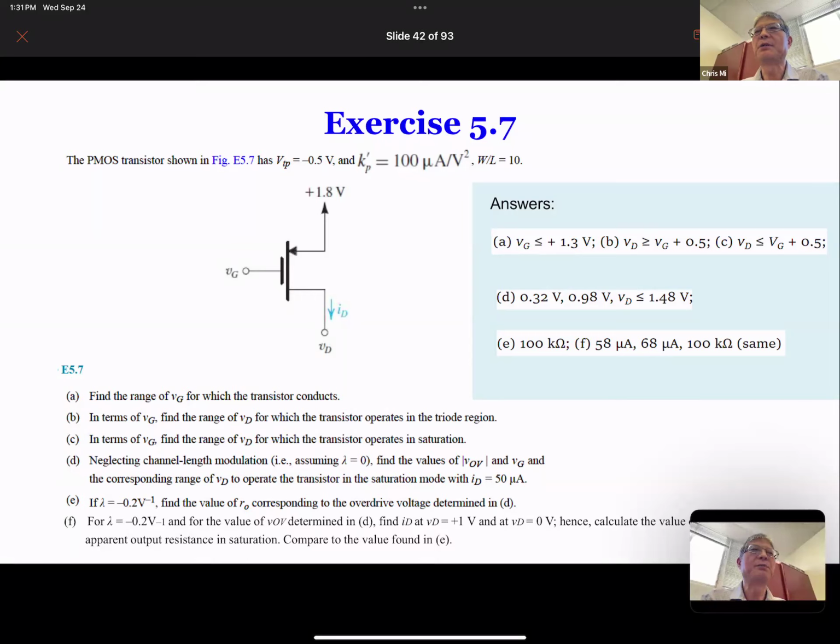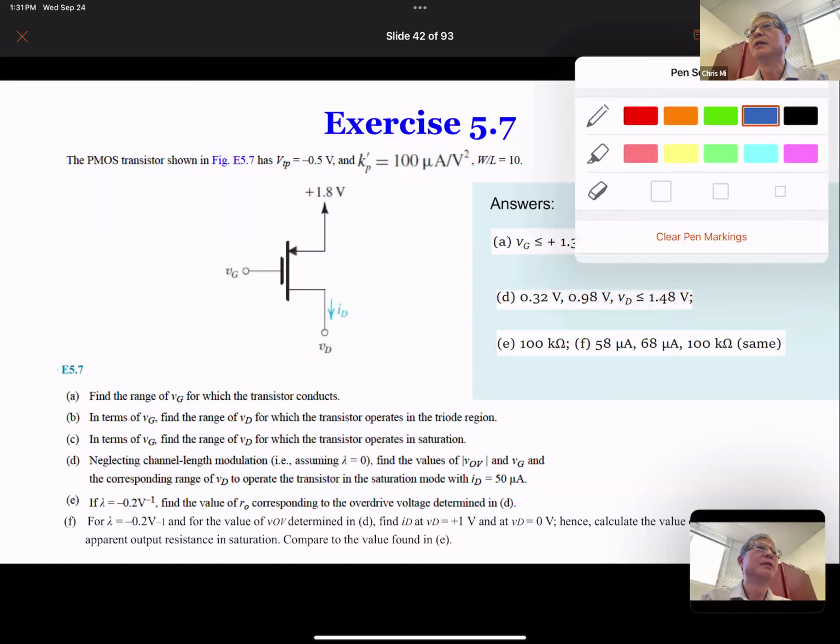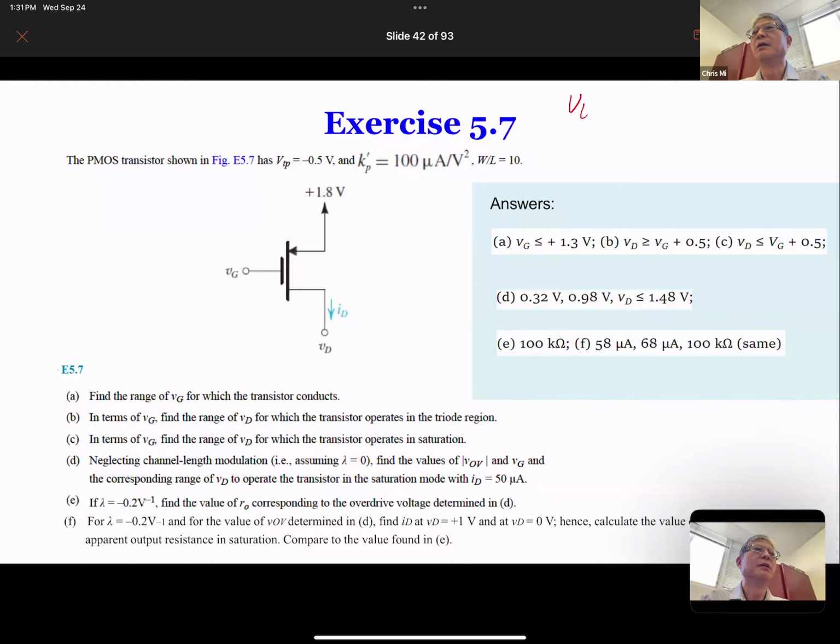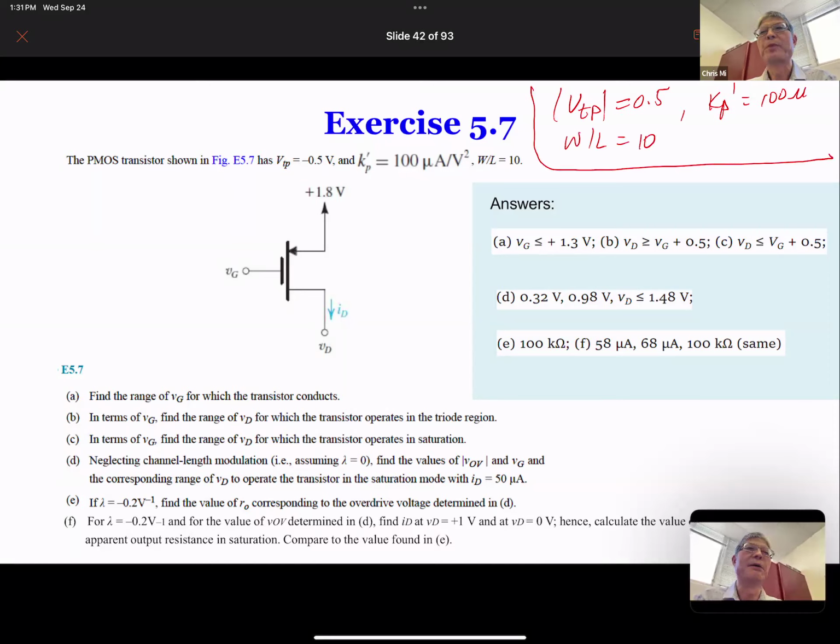So in this particular problem, some of the numbers given, like VTP is given, which is a negative value, so we're going to make it absolute value, 0.5. And Kp prime is given at 100 micro, and W over L is given at 10. So those are the given quantities of this problem.